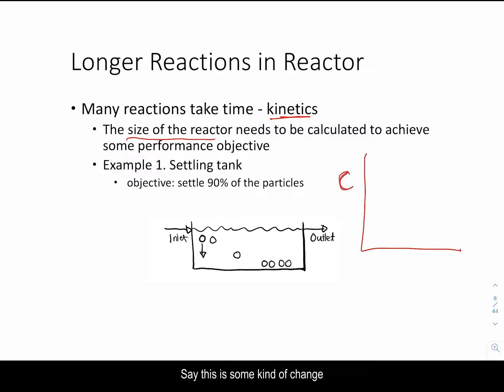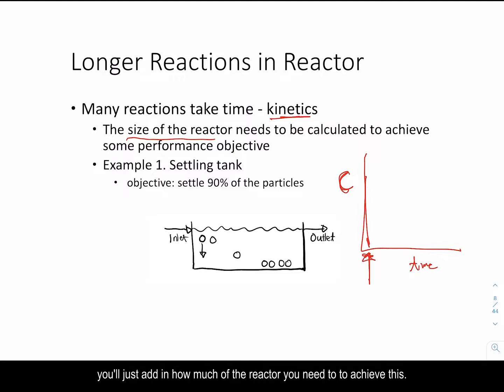Let's say this is some kind of change in concentration, and this is the time. And if you're introducing acid, that's going to be a really fast thing, right? It only needs a short amount of time. Then you won't really worry too much about it, right? You'll just add however much of the reactor you need to just achieve this.